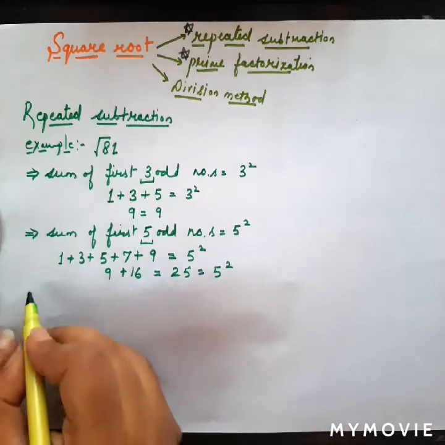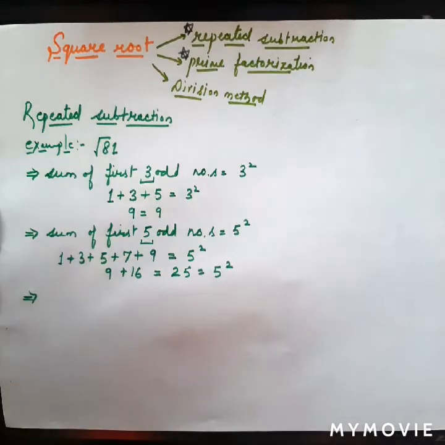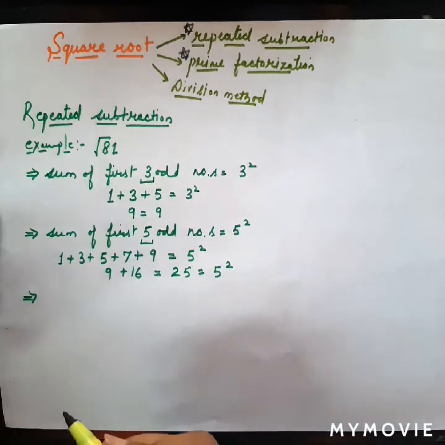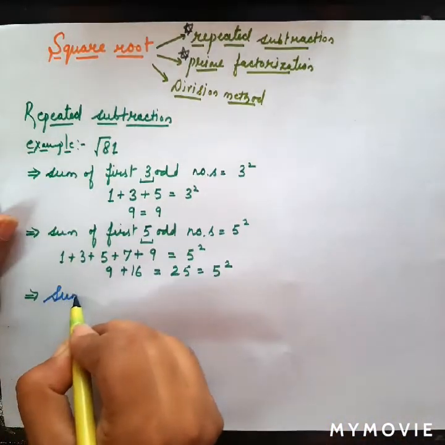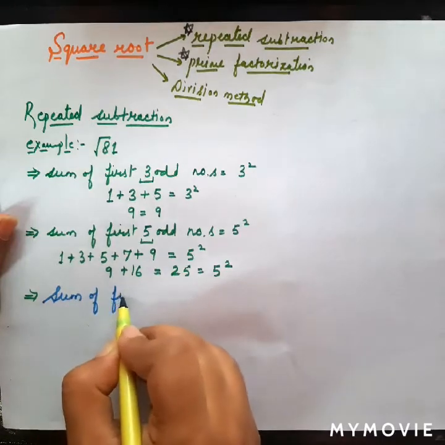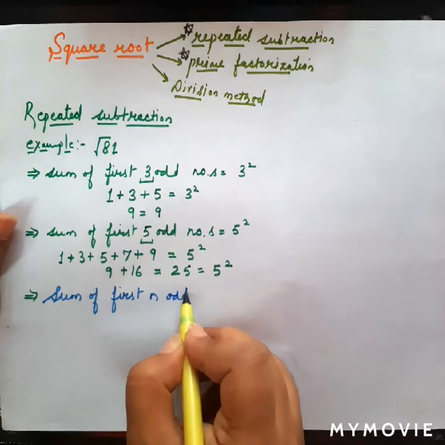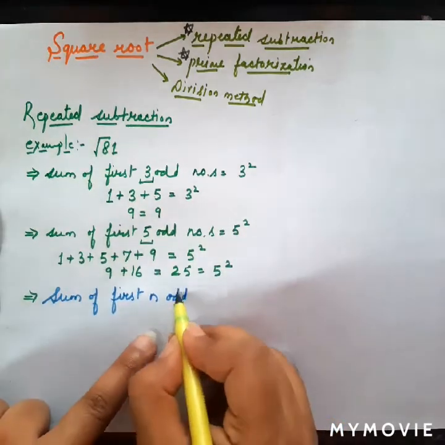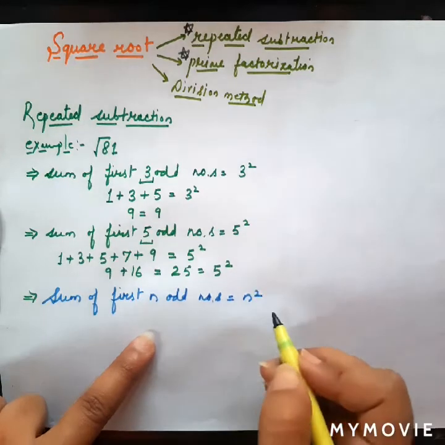Here the logic is we will keep moving like this, and we will reach a truth that the sum of the first n odd numbers will be equal to n square.